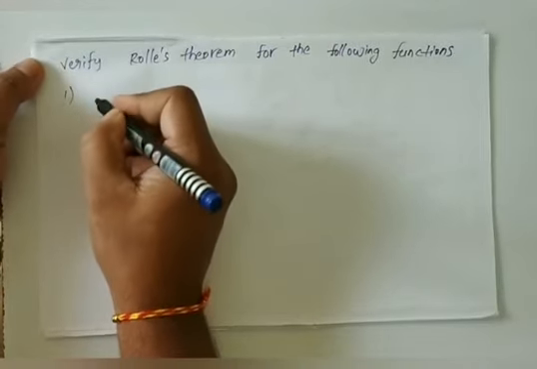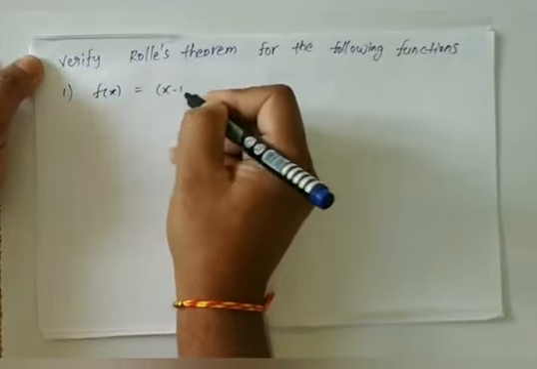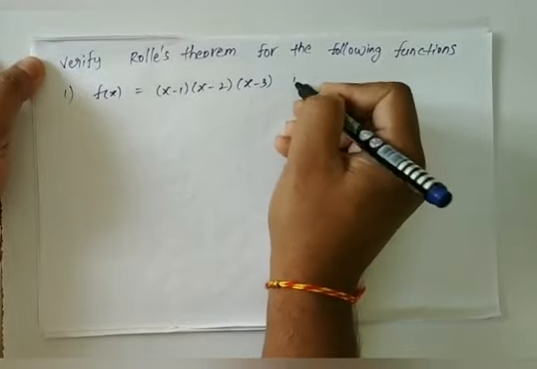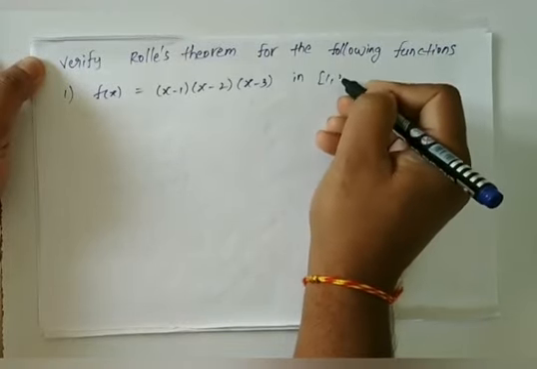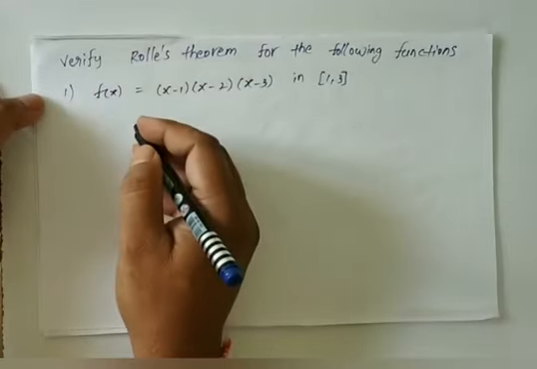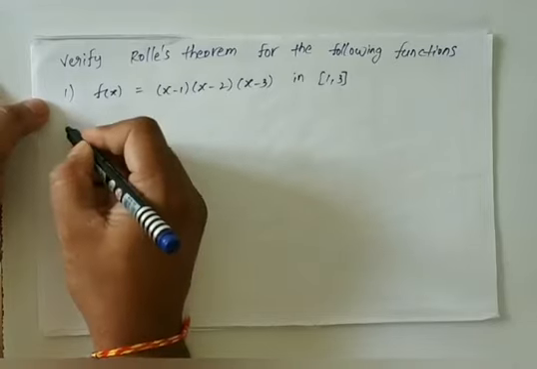First one, f of x is equal to x minus 1, x minus 2, x minus 3 in the closed interval 1 comma 3. Write down directly the first condition, second condition, no problem.